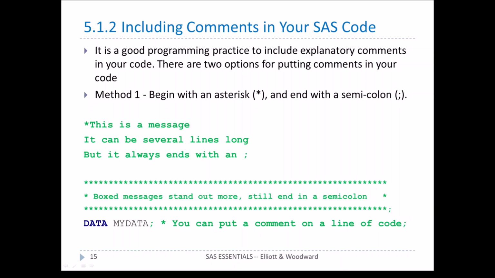As you can see there, it appears as green in the editor. I often like to box my messages, like the example here, starting again with an asterisk and ending with a semicolon. You can also put a comment on a line that is a coded line, like data, my data, and then you can just put a comment there on the line, again using the same procedure.